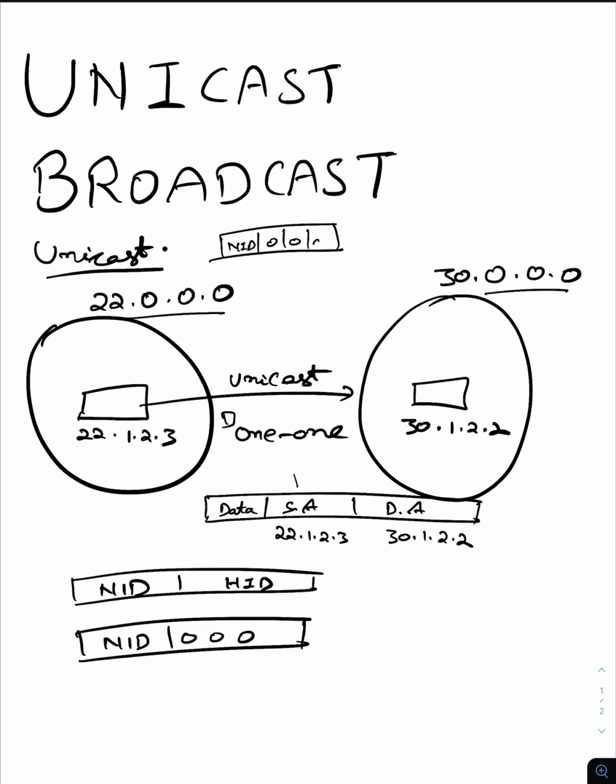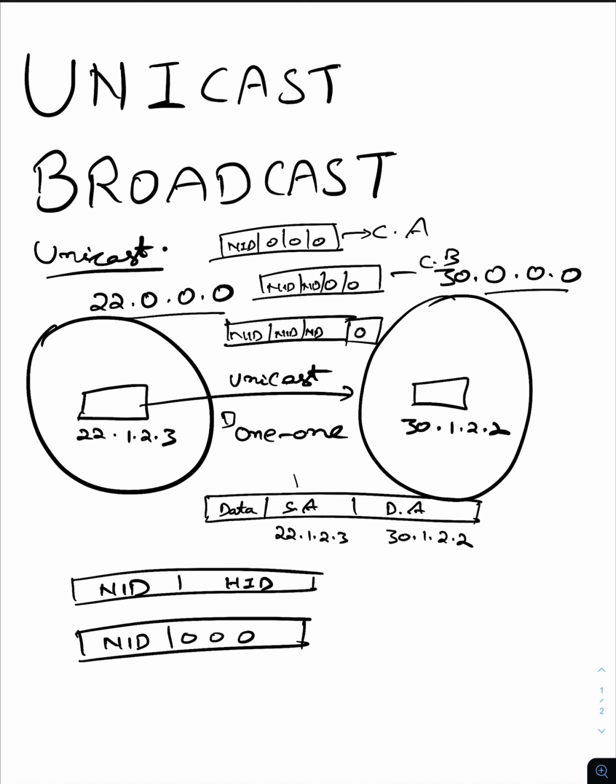So you have your network ID and 000 for class A. If it's class B, then you have your network ID in the first 2 bytes and your host ID 0 and 0. If it's class C, then you have your network ID in the first 3 bytes and 0 here.